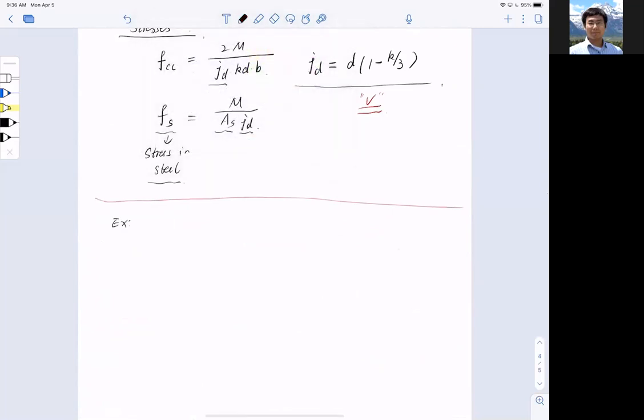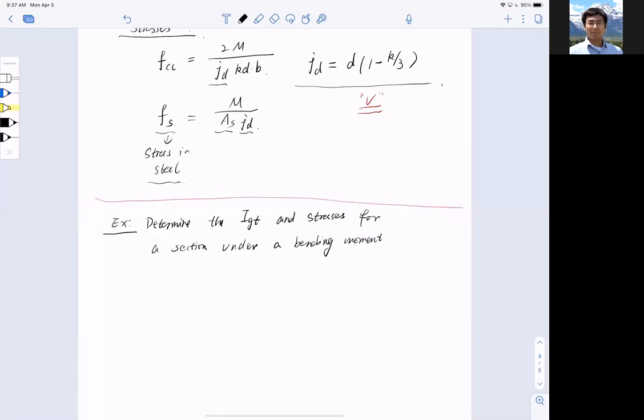Let's take a look at an example. The example is to determine the IGT, which is a transformed moment of inertia, and stresses for a section under a bending moment.